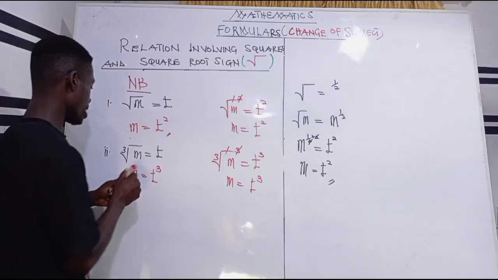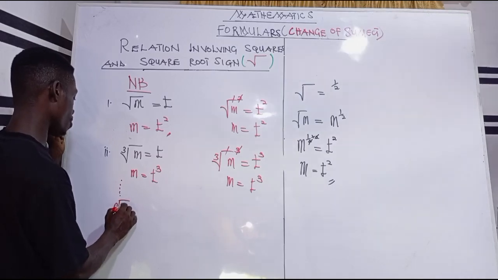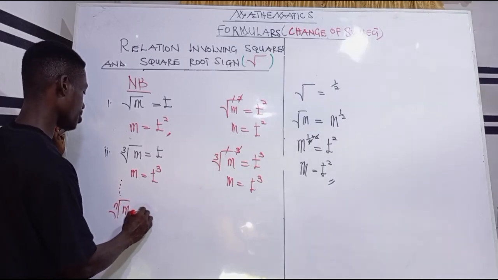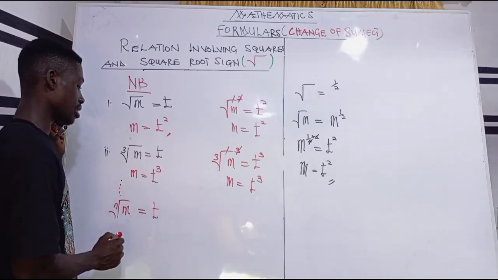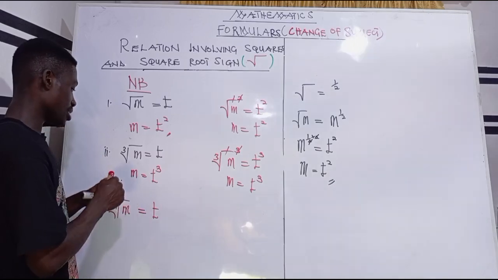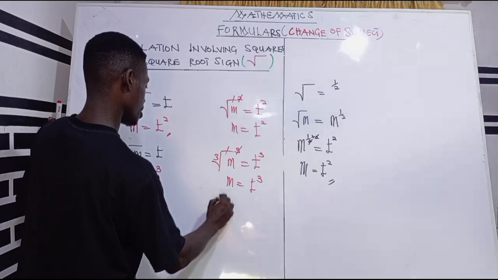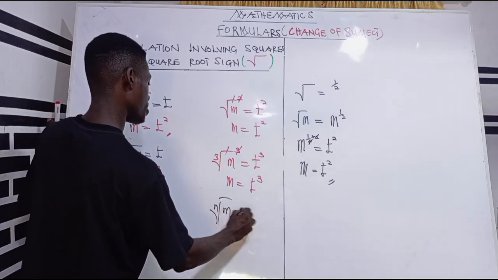So we can continue and see that when you have an nth root of a certain variable, let's say m, which is equal to any variable, let's say t, and we want to make m the subject, we are going to raise both sides of the equation to a power of what? n. So we have nth root of m is equal to t.